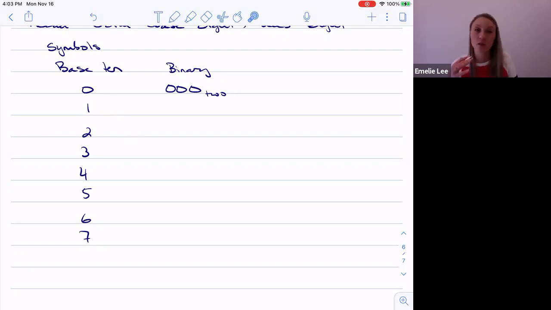In fact, it's a really good exercise. I think you'll find that you will become really fast at converting to binary at these lower digits. Remember, the first slot is your 1s, the second slot is your 2s, and then you've got your 4s.